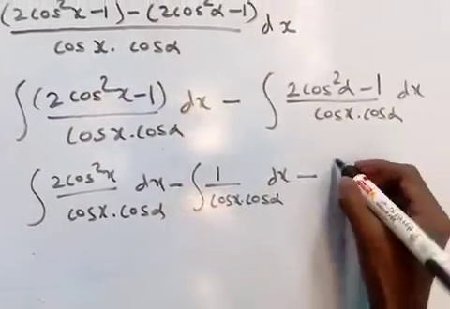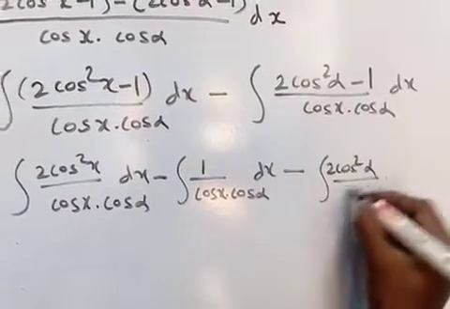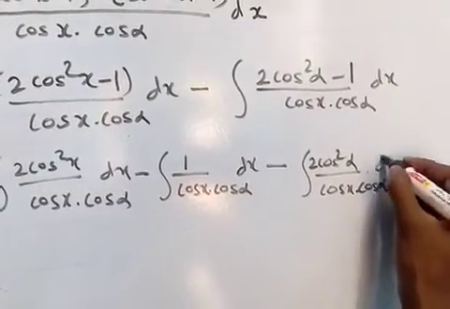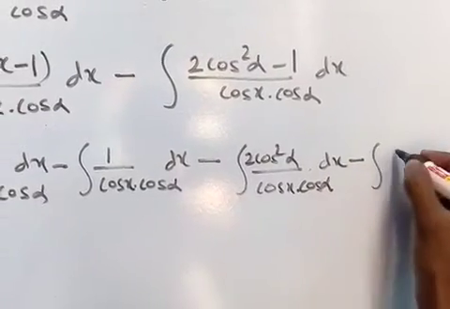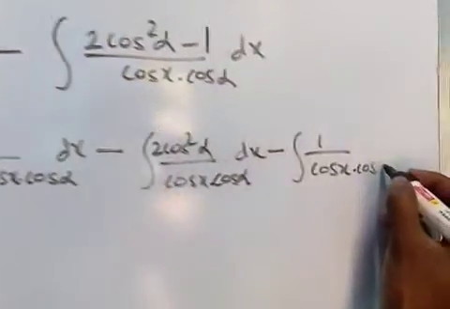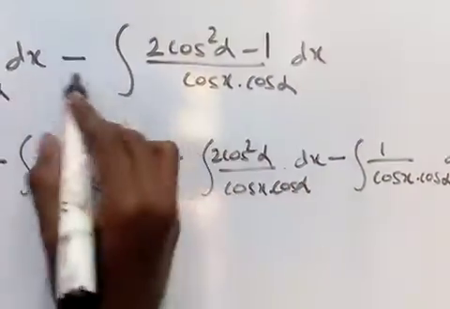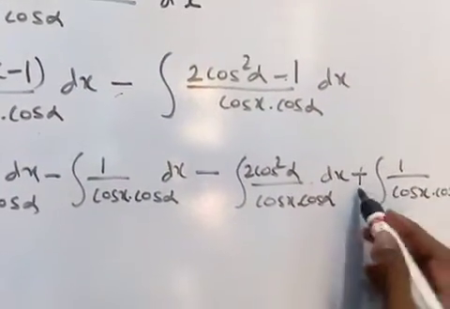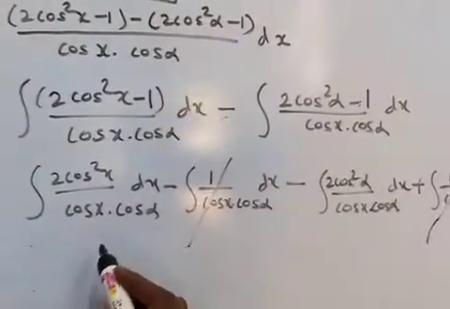This minus the integration of 2 cos square alpha upon (cos x cos alpha) dx minus the integration of 1 upon (cos x into cos alpha) dx, and this minus into minus will become plus. So this term will get cancelled with this term.